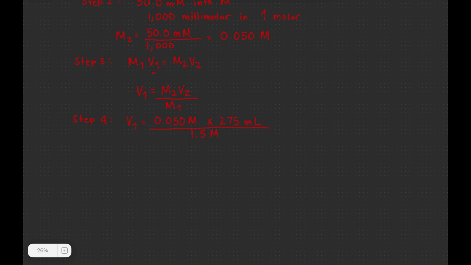So if we multiply the top, we get 0.05 times 275, and that's going to come out to 13.75 divided by 1.5.